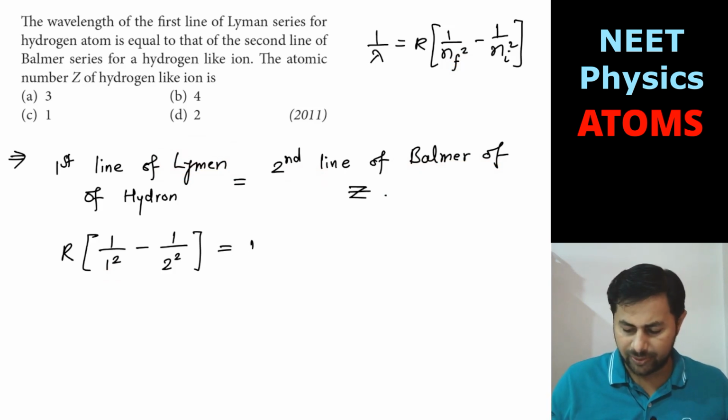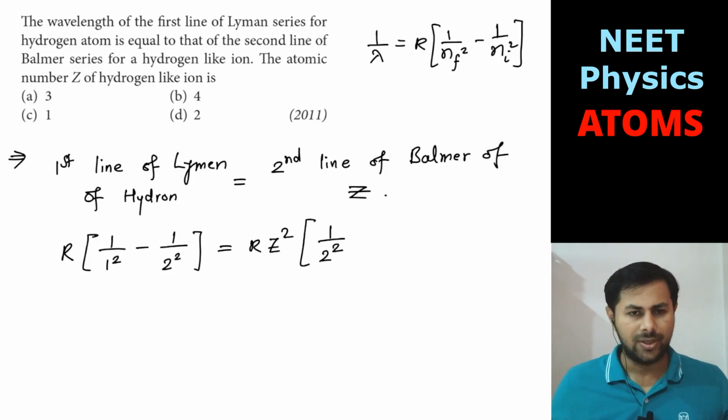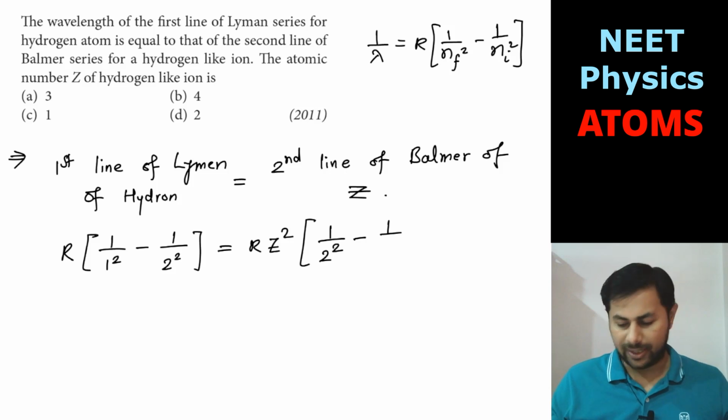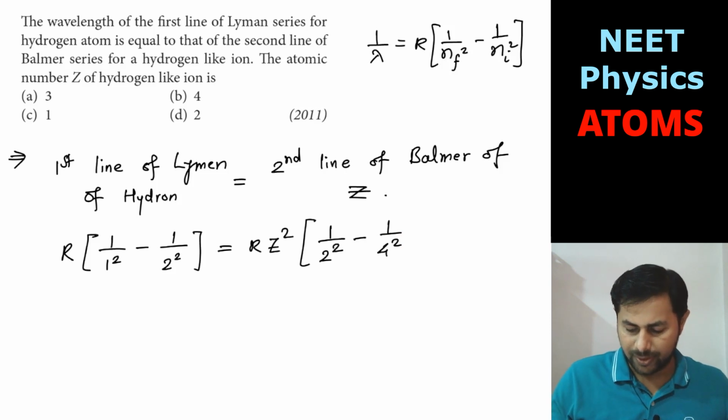So that is equal to R times Z square multiplied by 1 by, because this is Balmer series, so the final orbit is the second orbit, 1 by 2 square minus 1 by, and we want the second line. If it was the first line, then it would be 3 square. Because it's the second line, we have 4 square, right? So R gets cancelled out.